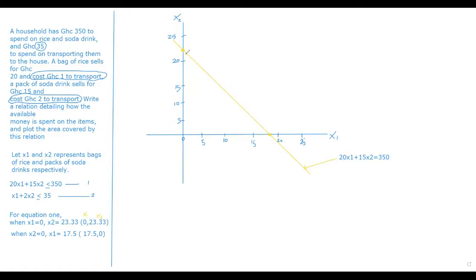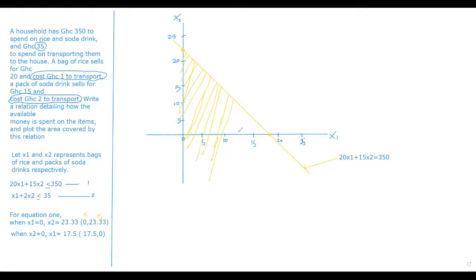This one is less than or equal to. So are you going to shade downwards or upwards? Downwards. Yes, you shade to cut the S2 and X1 axis. You don't shade beyond the straight line you've drawn. The ending point should be on the straight line.